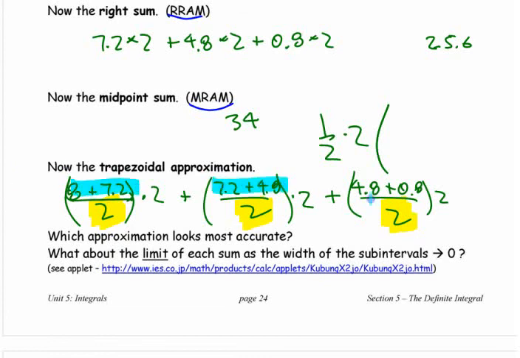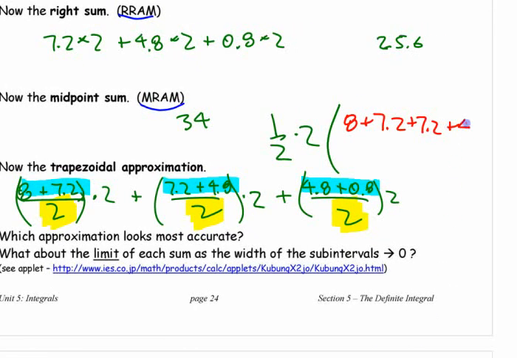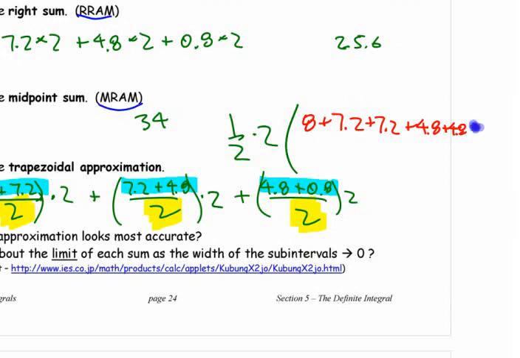Okay, you see what happens here? How many of the first one do I have here? I got 8 plus 7.2 plus 7.2 plus 4.8 plus 4.8, running out of space here, plus 0.8. The question that people always say is, well, how come you have 2 of these and only 1 of the other ones?